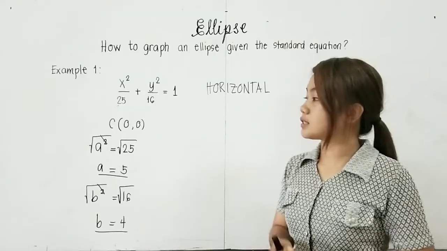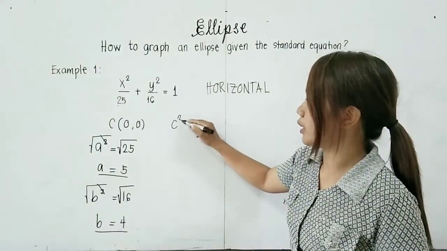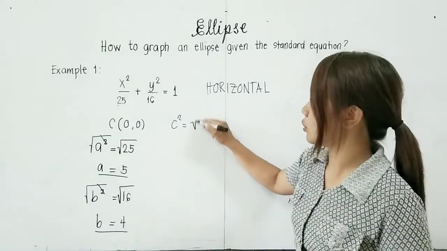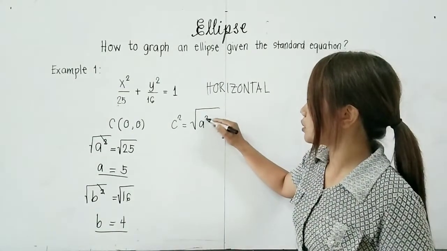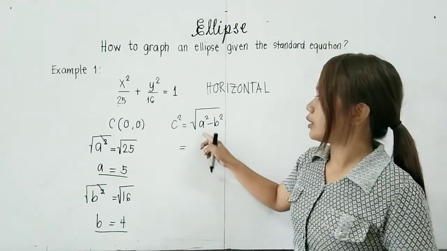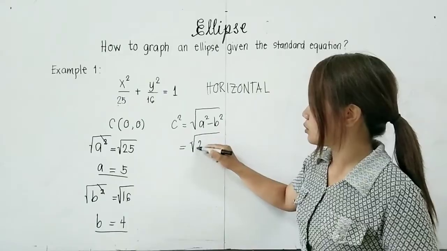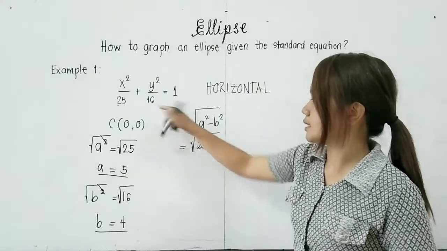In order for us to get the value of c, we will use the formula c equals the square root of a squared minus b squared. Our a squared is 25, so we will just substitute 25. Our b squared is 16.